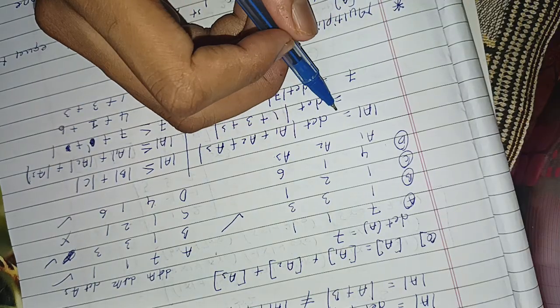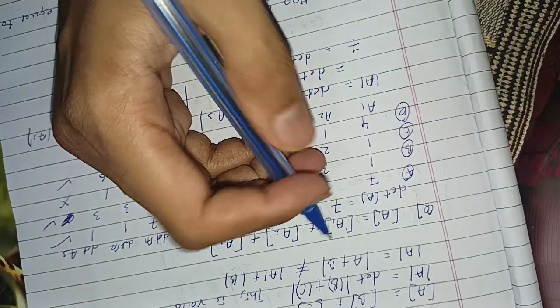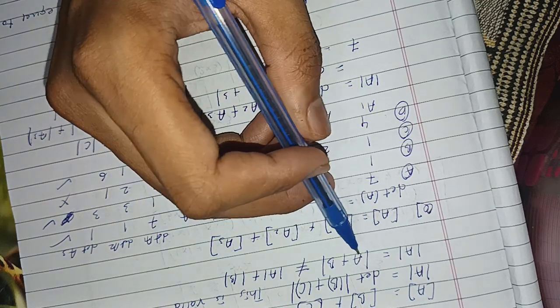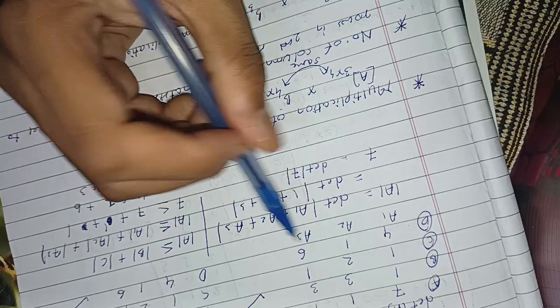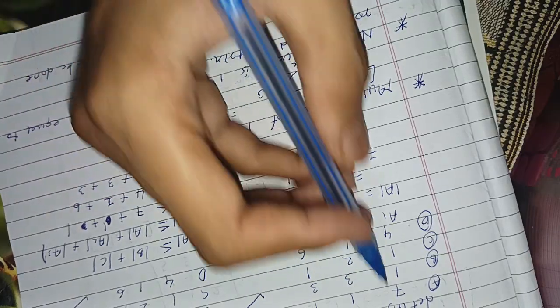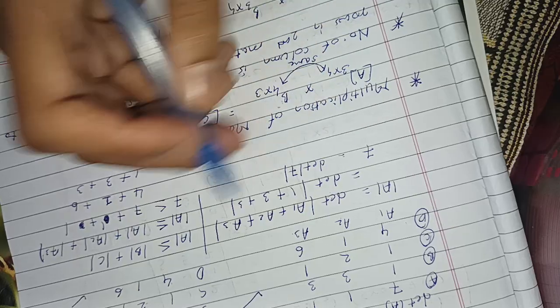So the determinant of A is equal to the determinant of A1 plus A2 plus A3. See, we can do this. 1 plus 3 plus 3, we chose this option because here it is 7. So 3 plus 3 is 6, plus 1 is 7. So the determinant is 7, so 7 equals 7.